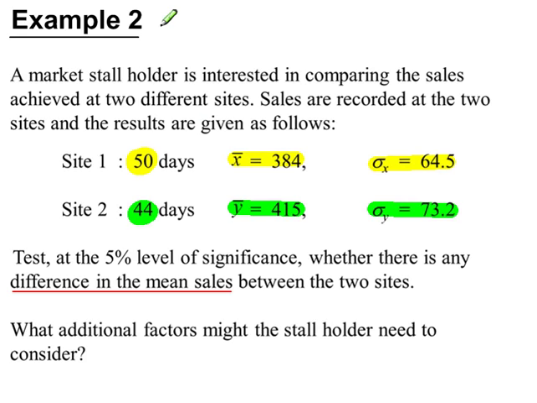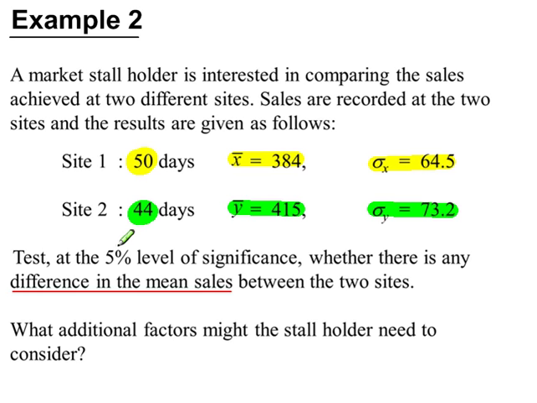Example 2. Our first sample has a sample size of 50, sample mean of 384, and this is the population standard deviation that the first sample has come from. So we need to square this value to get the variance. And then we've got sample 2, and we're testing for a difference in the mean sales, so a two-tailed test.